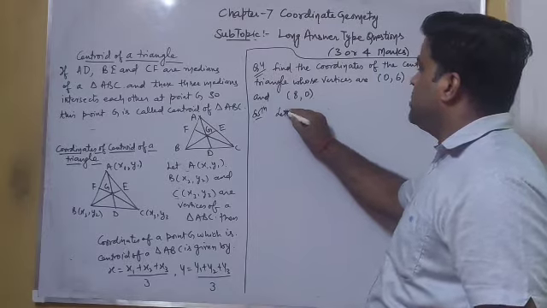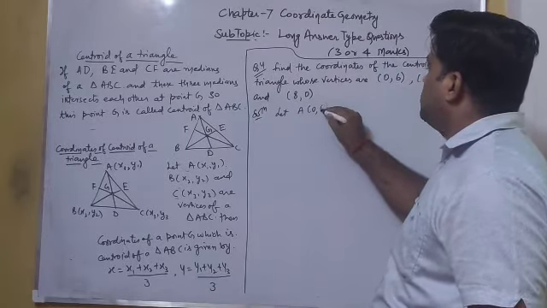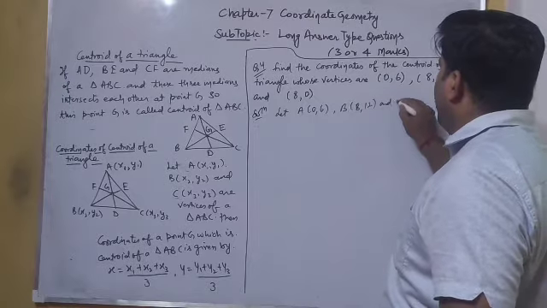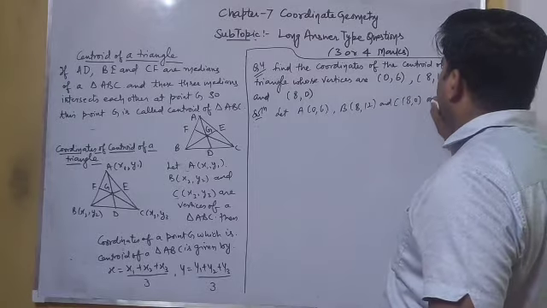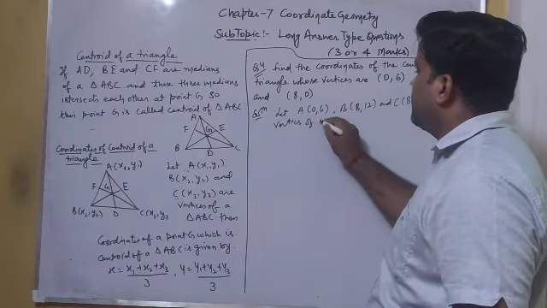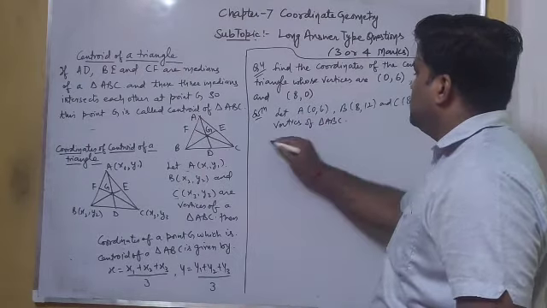First of all, we consider A (0, 6), B (8, 12), and C (8, 0) as the three vertices of triangle ABC.